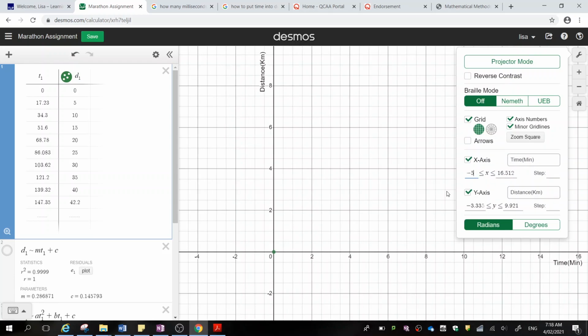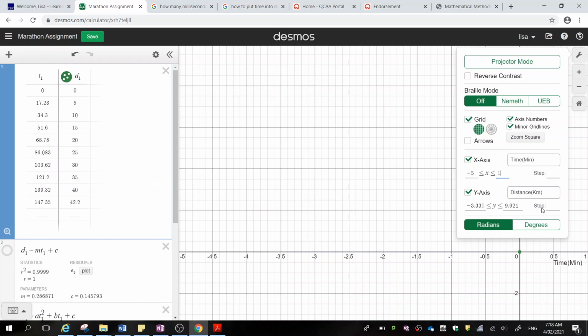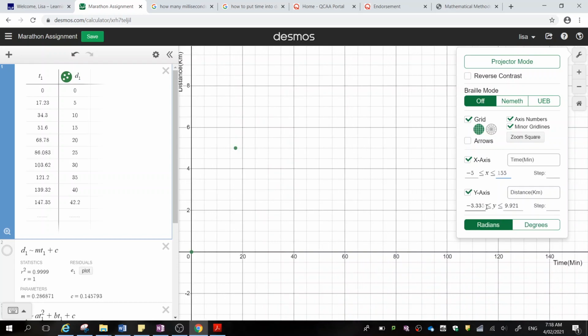So -5 all the way up to 155. And for my y-axis, we're going from 0 all the way up to 42.2. So I might go from -5 again up to 45.